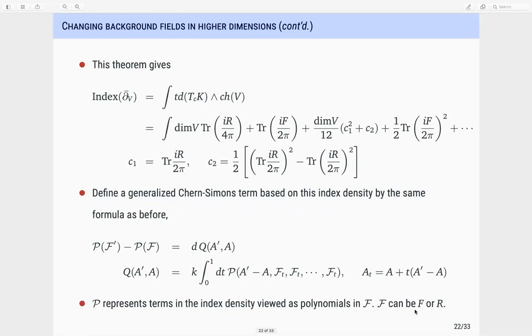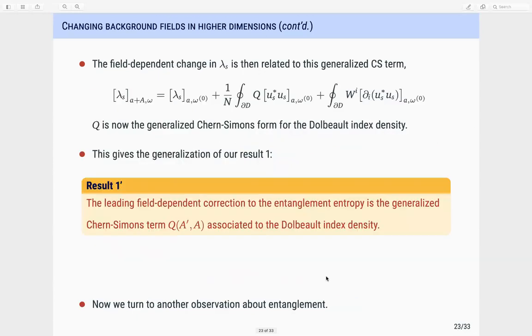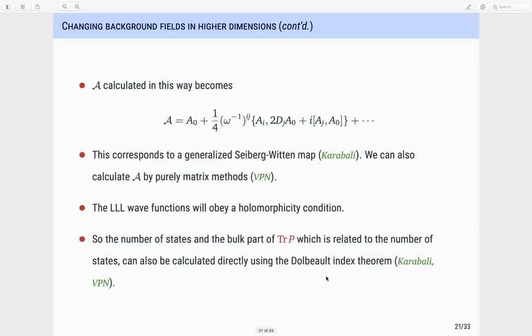Script F could be the gauge field strength F, or the curvature R. And using that in a general way, I can define Q, the generalized Chern-Simons form. So for every index density, I can do that. In particular, for the Dolbeault index density, I do it here. If I do that, then it's easy enough to see from this argument that the index density works as a charge density or occupation density.